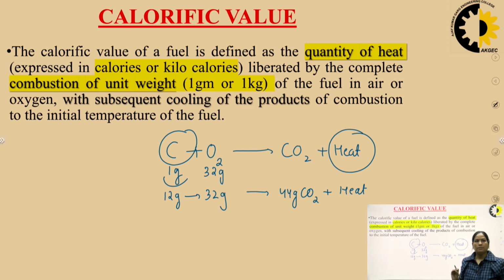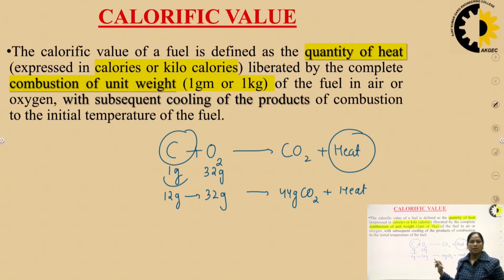It means when we burn a fuel, it gives some amount of energy, and we are going to calculate this amount, which is known as calorific value. So it is the quantity of heat provided by burning 1 gram, or unit weight, of fuel. And this is the molar equation of a fuel.